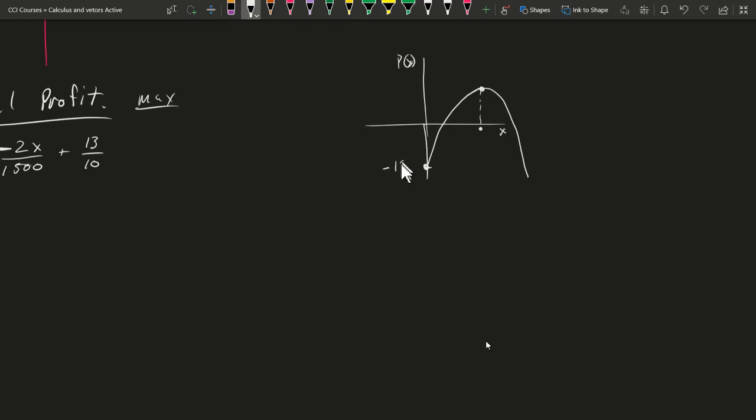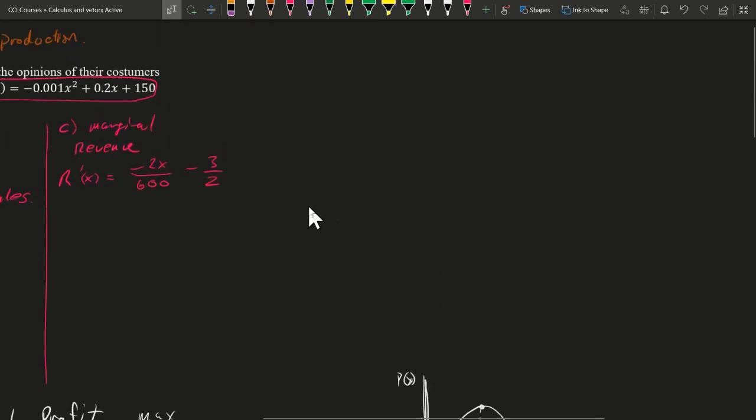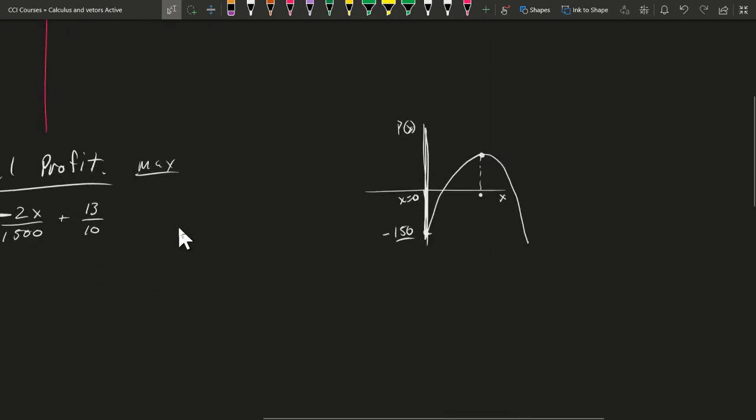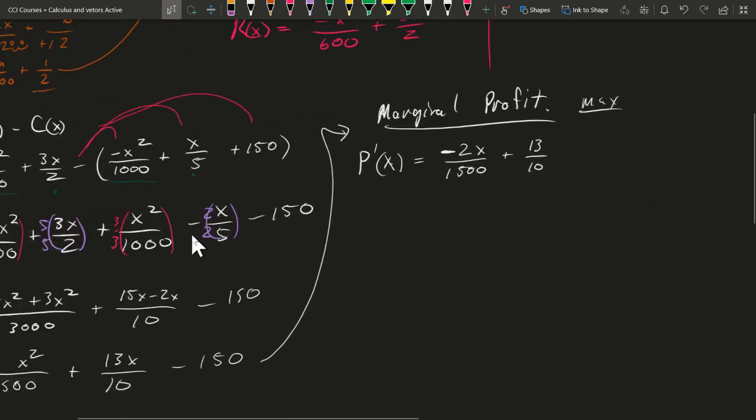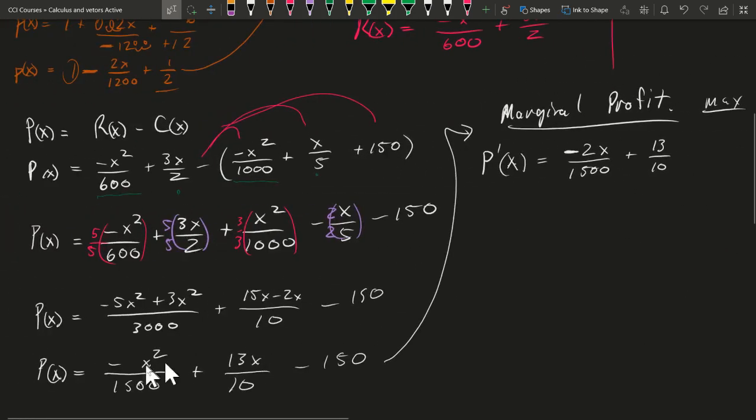By the way, my profit is negative 150 when I sell 0 items. Sales of 0 is the y-axis, because x equals 0 right here. That makes sense because remember, my cost was 150. So no matter what happens, it had that fixed cost of 150.